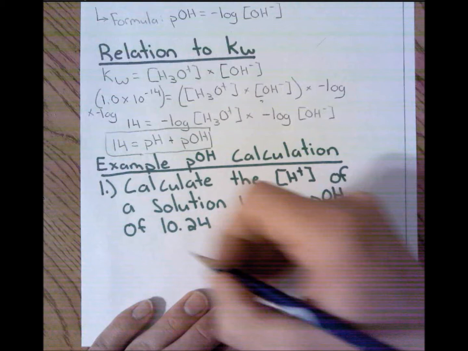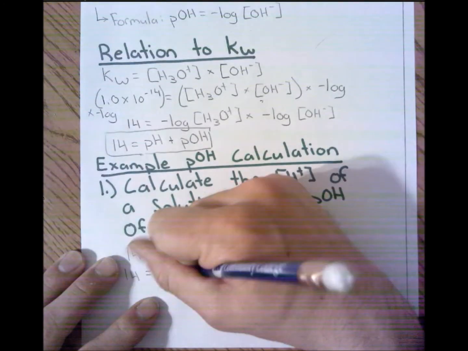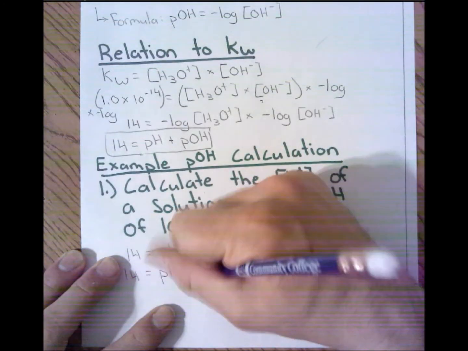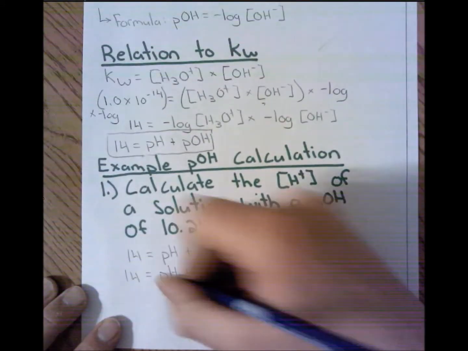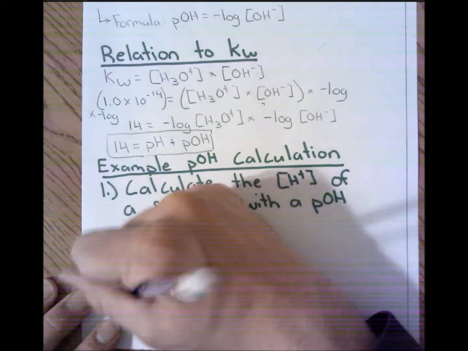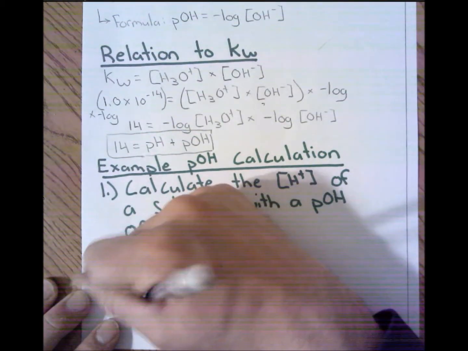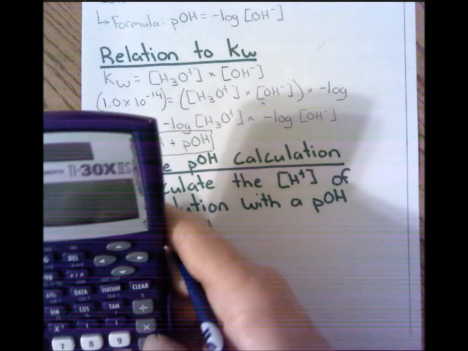Now to get pH by itself, all we need to do is subtract 10.24 from each side. If we take, in our calculators, 14 minus 10.24, we obtain a pH of 3.76. So our pH is 3.76.